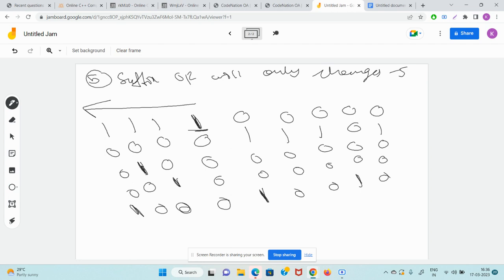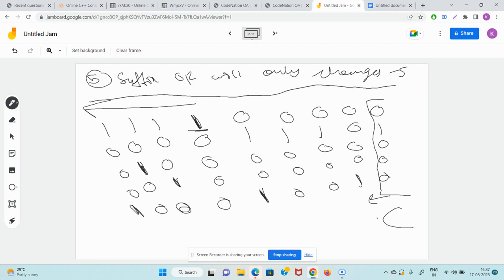So here the value is 0 1 0 0. Now when this comes, the value changes. When the value changes I am writing C, and when the value doesn't change I am writing NC. Here the value of the OR changes because we are calculating the OR from the back part of the array.